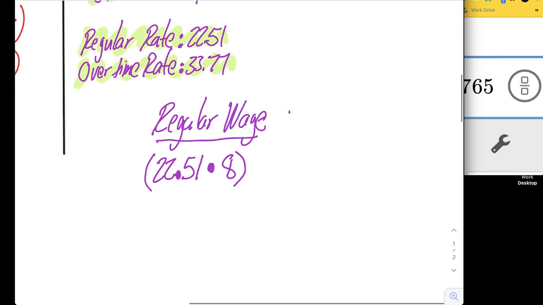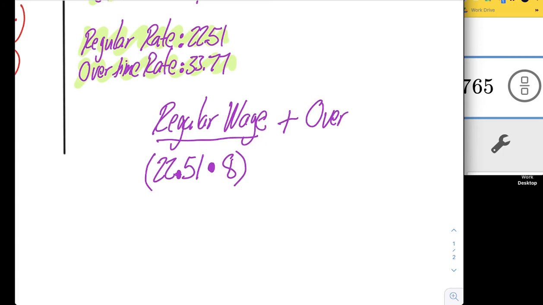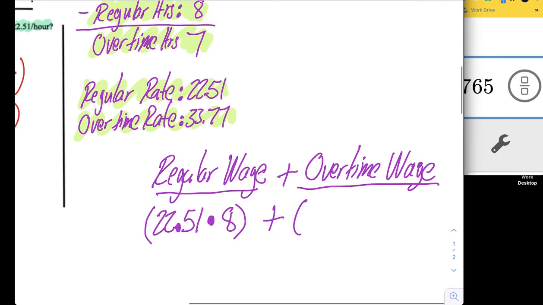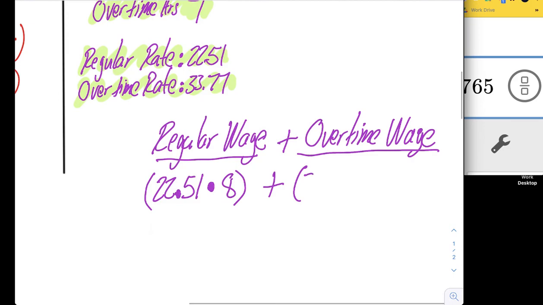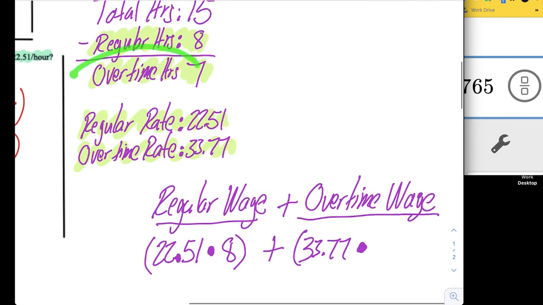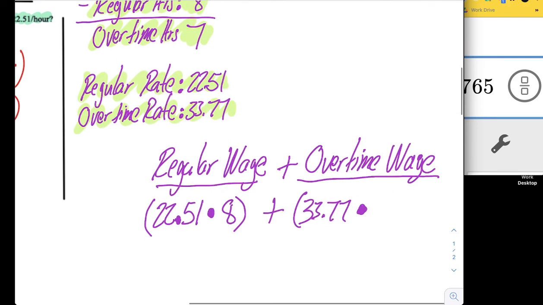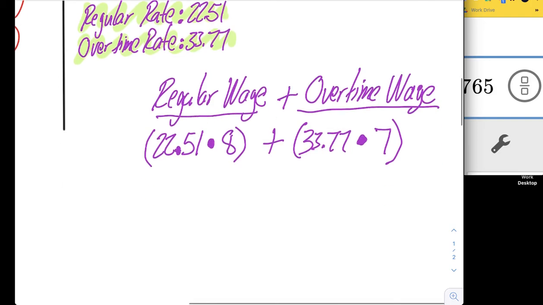Plus, in total, it's her regular wage plus her overtime wage. So how much is her overtime wage? What is her rate for overtime? $33.77 times her overtime hours, 7. And look at that, that is our problem here.